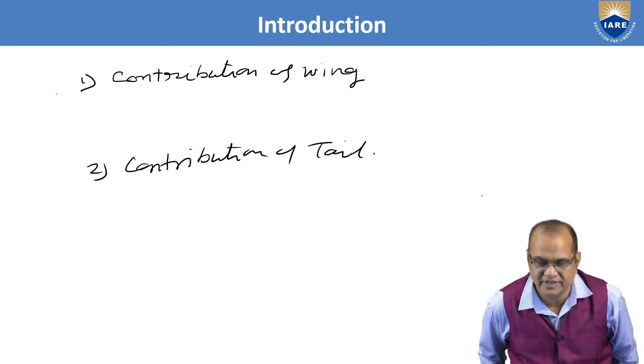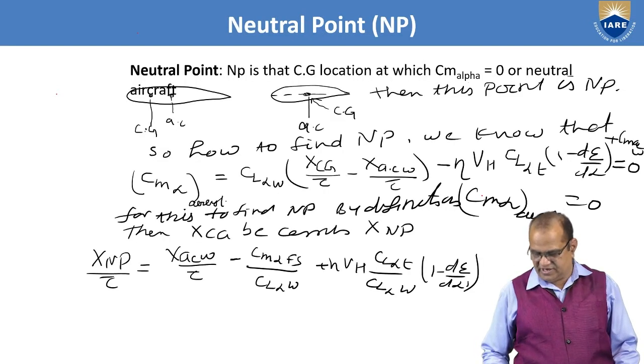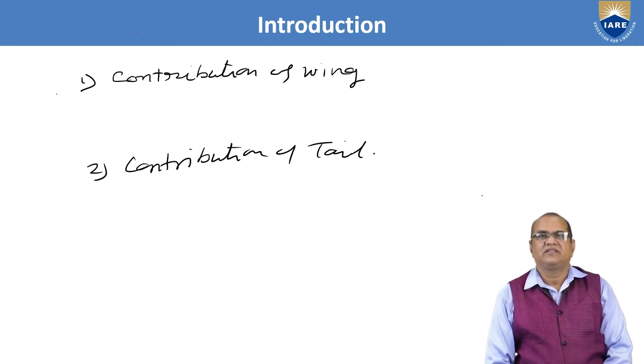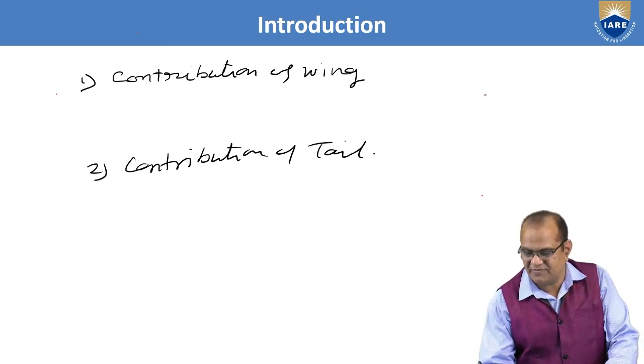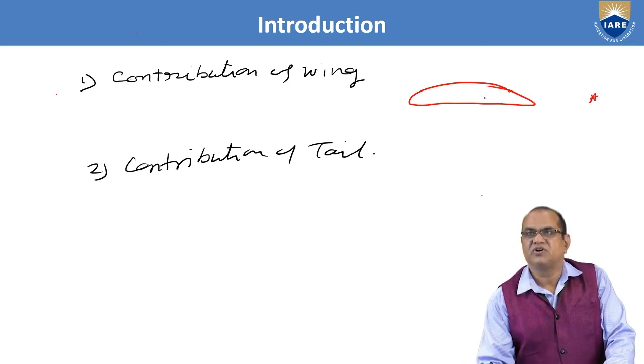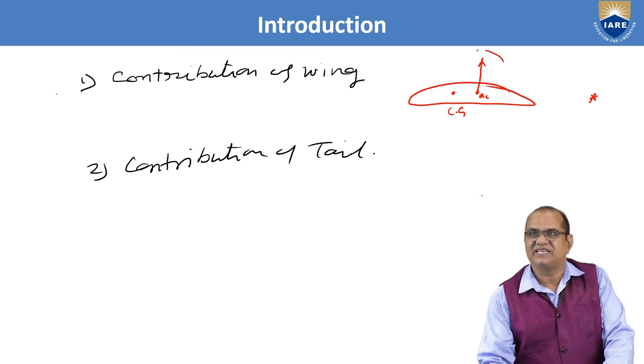If I talk about the contribution of the wing, we have discussed that if I draw one wing like this, the CG is here, and this is the AC and this is the CG of the wing, then the moment CM is in this direction and it is negative, which is good.